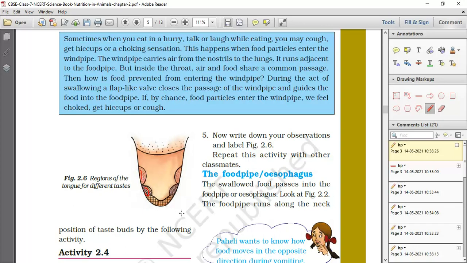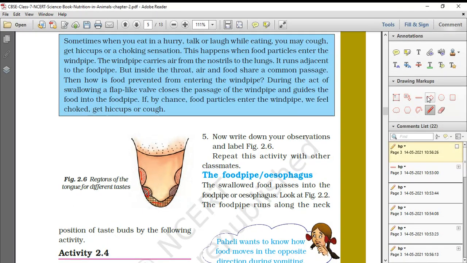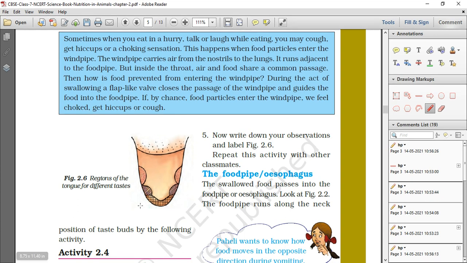This region which I am marking is the salty region. If you press this region, you will feel the salt. Here is the sugar region, where sweetness is sensed.